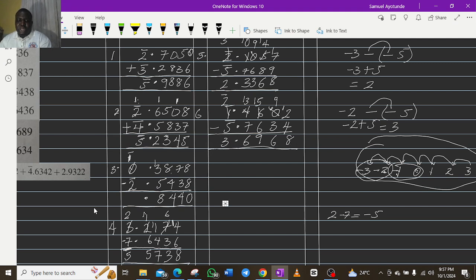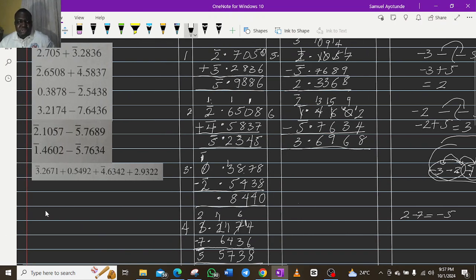So the last one, which is the 7th example, maybe. Yes, number 7. We are adding a lot of numbers here. So we have 3 bar 0.2671. Then we have 0.5492.